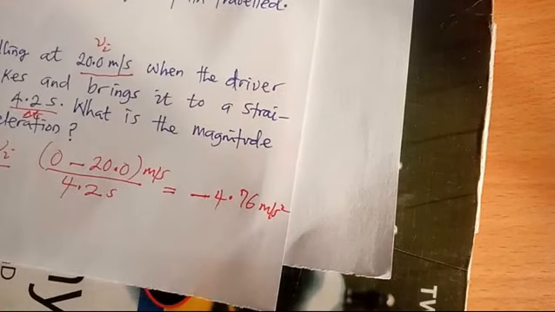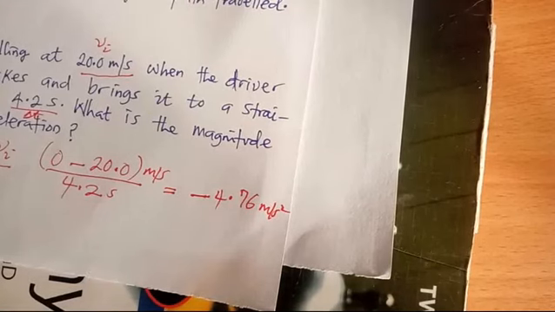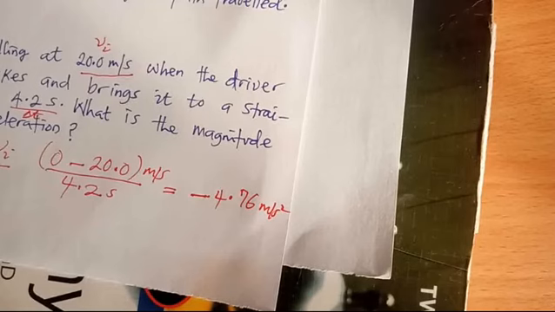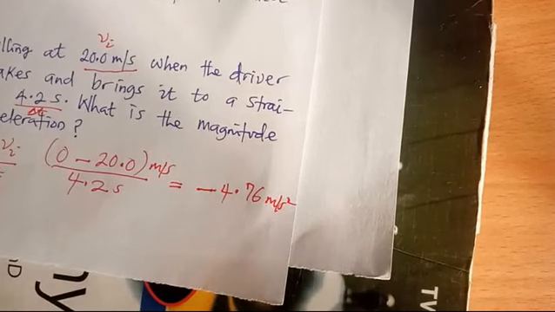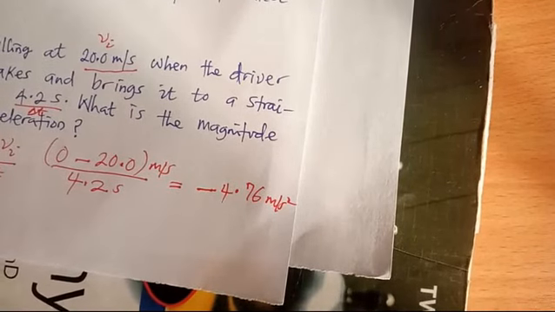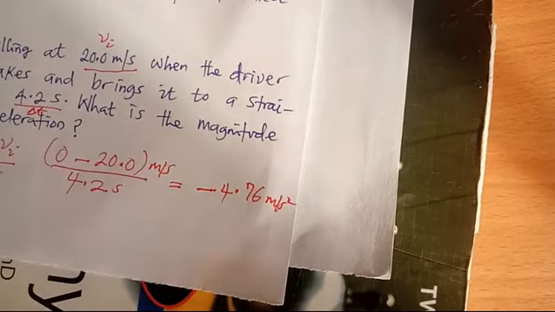Each of these problems should not take you more than 10 to 15 seconds to solve. What you should do is identify your initial velocity, your final velocity, and the time taken. Then you take your calculator, open bracket, final velocity minus initial velocity, close bracket, divided by the time taken.